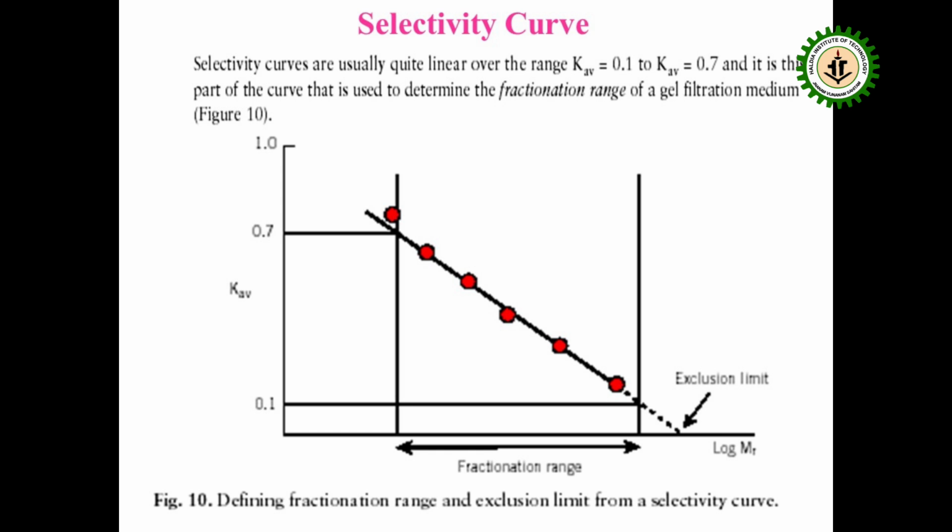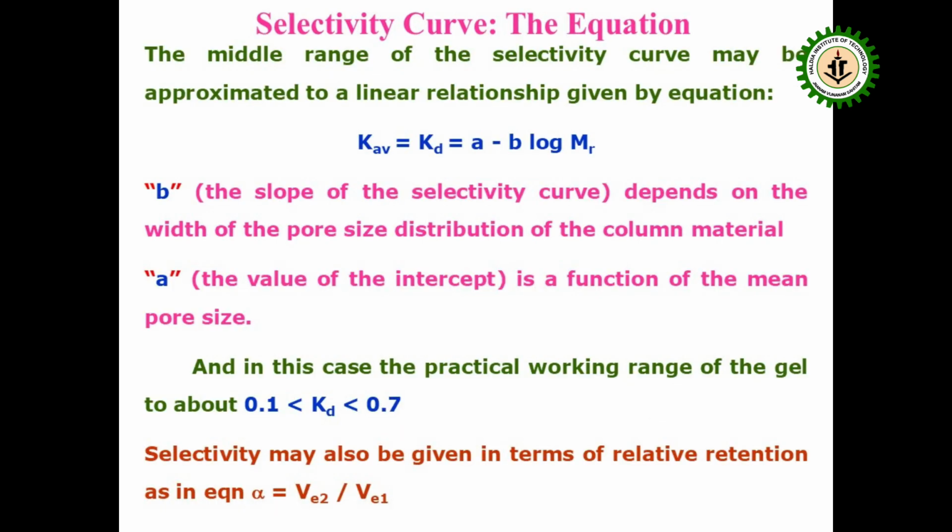You see the sphere of the gel filtration media is represented here, the included species, and the dotted line is the exclusion limit, the molecules that are excluded from the column.